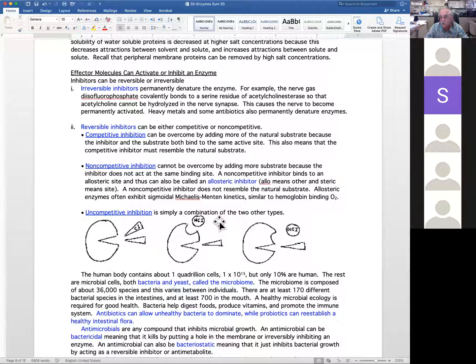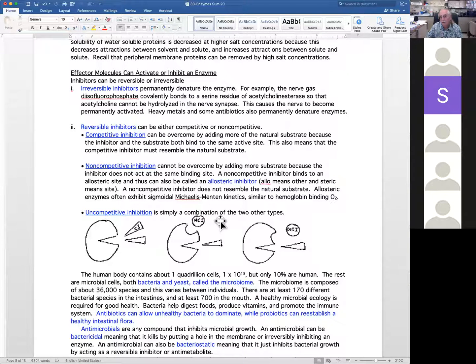Well, if the cell has a whole bunch of energy and it starts converting all of its ADP into ATP, then this eventually is going to fall off and get converted into ATP. So that inhibition then just goes away. If you don't have this, then it's not going to be an inhibitor. It's kind of based on the concentration of the substrate.